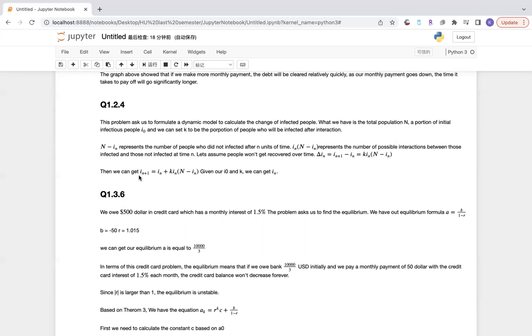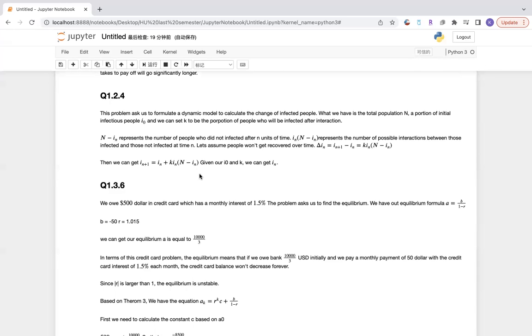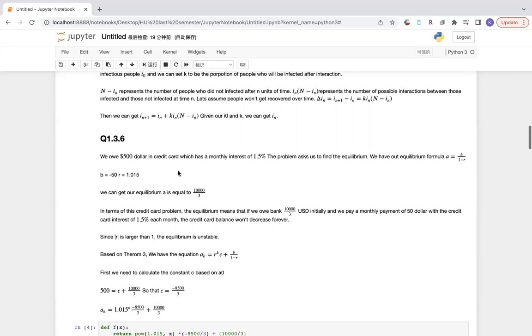So we can get I_(n+1) equals I_n plus k I_n times (N minus I_n). If we are given our I0 and k, we can easily get I_n by this function.